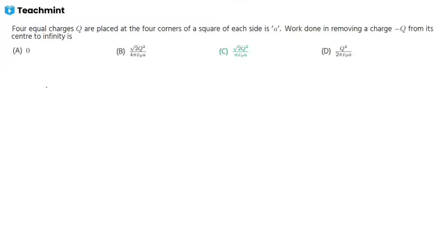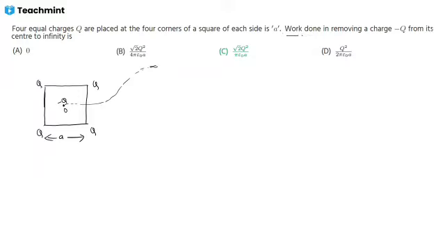Let us consider a square like this, and all four charges are placed at its four corners, with side A. Now at the center O, they placed a charge minus Q, and they want to take this charge to infinity.